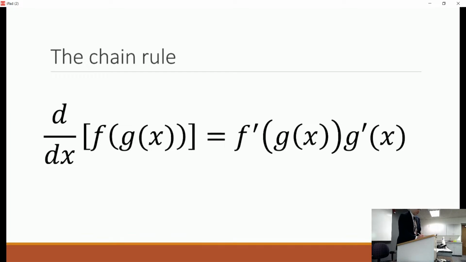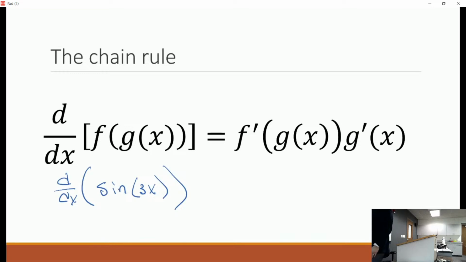Suppose I want to find the derivative of the function sine of 3x. Let's just do that. The way you're going to do this is you're going to have to figure out, using just what you know about composition of functions, a way to express f and how to express g.